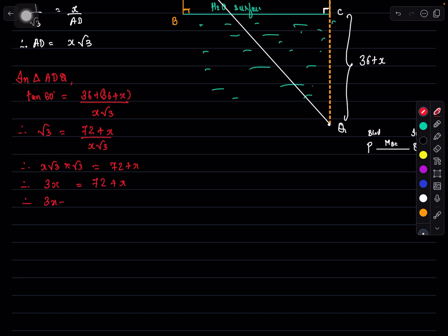Therefore 3x minus 1x is 72, so 2x is 72. Therefore our x is 72 over 2, which is 36 meters. Our x is 36 meters.